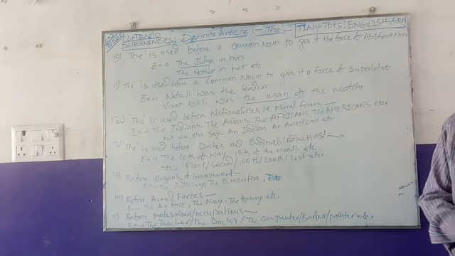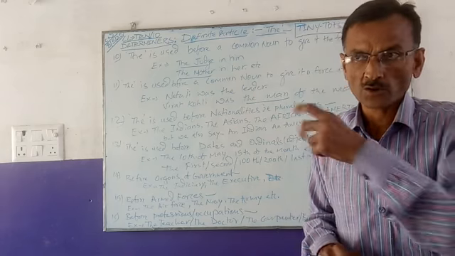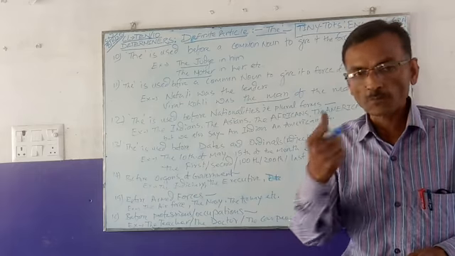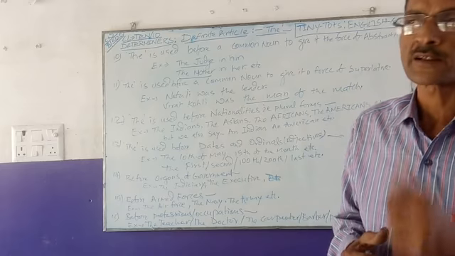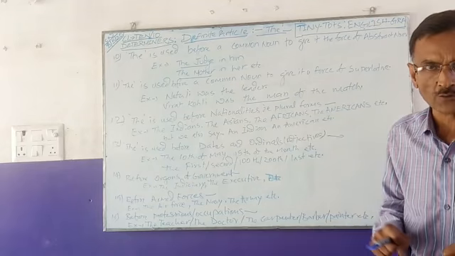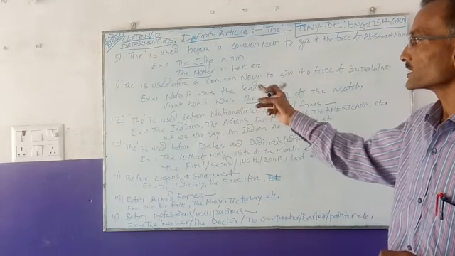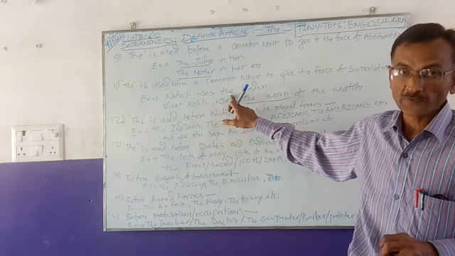In the other rule you find that the is used before a common noun to give it the force of a superlative. Various common nouns are there: car, book, pen, cow, bullock. We find common nouns almost in our surroundings. But here we see how a common noun takes the definite article.